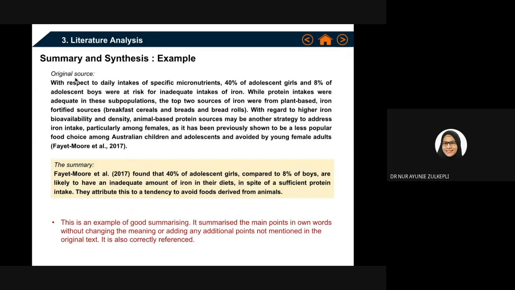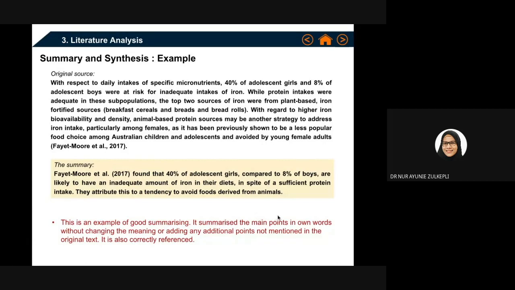Okay, so I give an example here to ease your understanding, the original source. You can read it here, but the summary is very short but concise. Fayette Moore et al. 2017 found that 40% of adolescent girls compared to 8% of boys are likely to have an inadequate amount of iron in their diet in spite of sufficient protein intake. They attribute this to a tendency to avoid foods derived from animals. Very concise. So this is a very good example of summarizing.